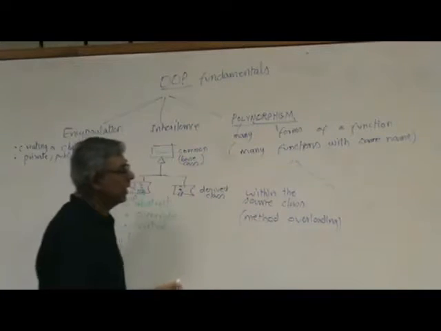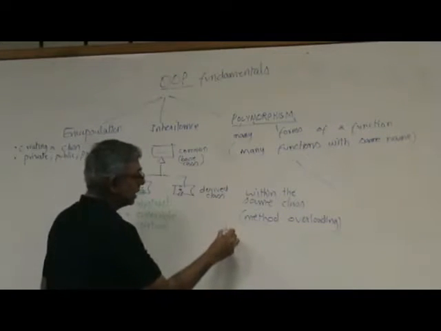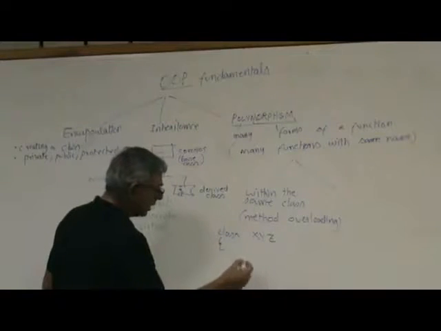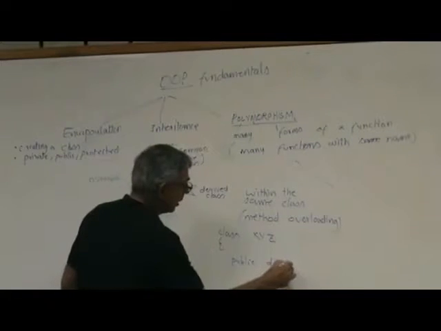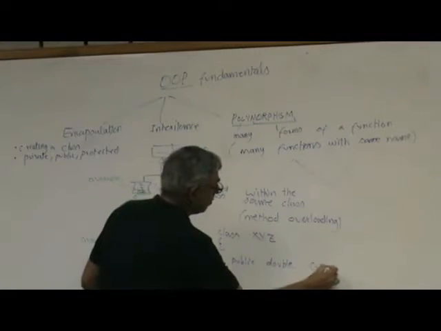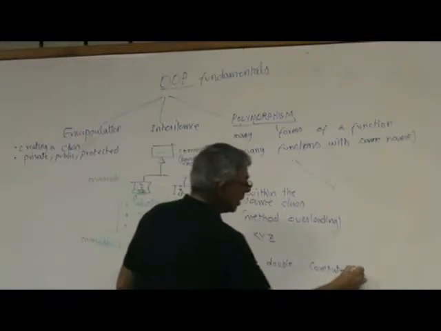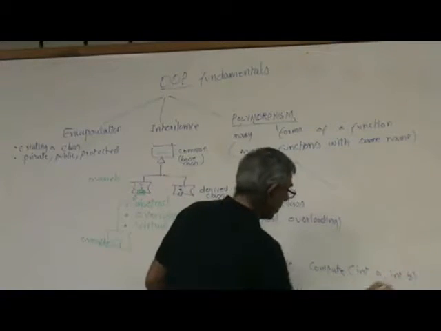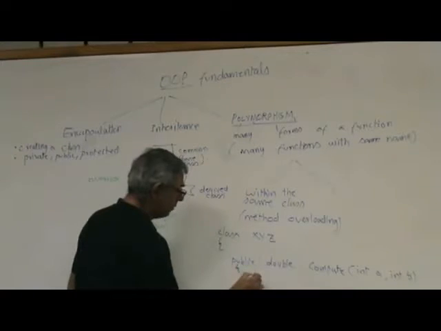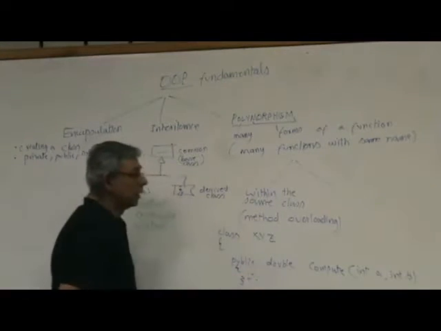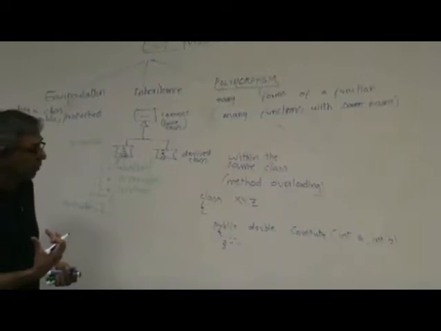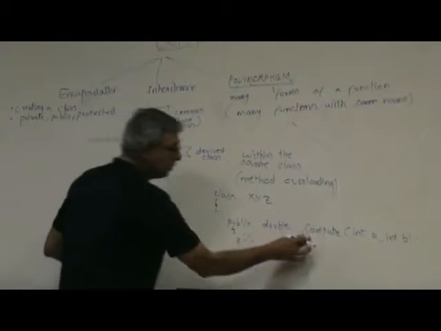Okay, so again, the idea was if you created some class, let's say XYZ, and you created some function in it, public double compute something, int A, int B, and you wrote some code in it, whatever that code is. So the question is, can we write one more method over here, which is also called compute?